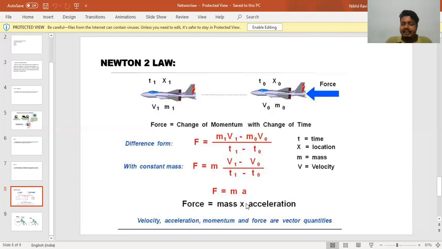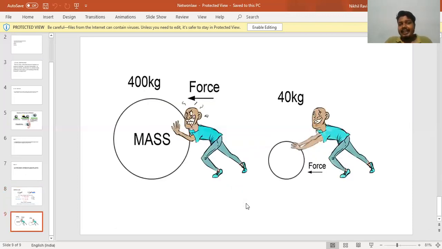We'll discuss this in the slides. On your screen there are two persons. On the left, the person pushing an object whose mass is 400 kg has to apply more force for its state to change. In the second picture on the right, the person is pushing an object of only 40 kg, and easily pushes it away because less force is needed.